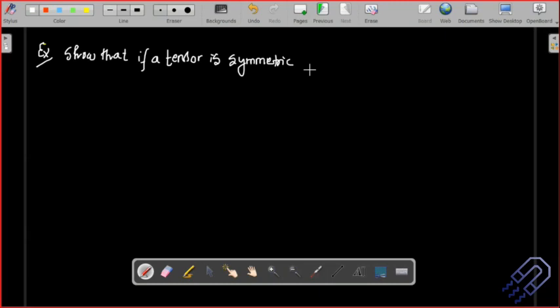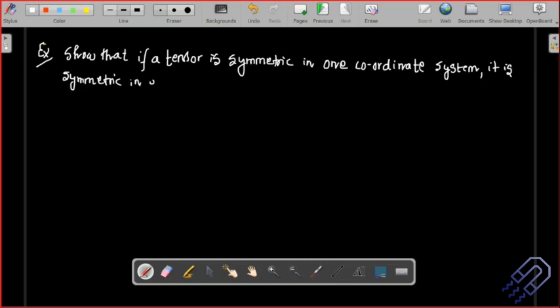Symmetric, so I know what property I should use. So I think let me not solve it now.